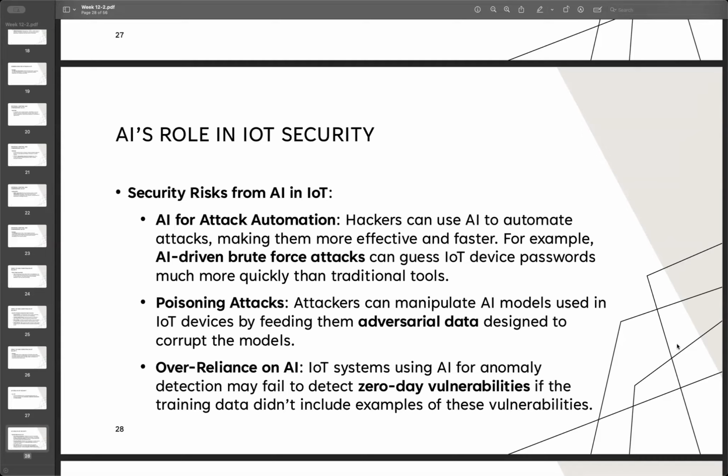We can use AI for anomaly detection, but it can fail to detect zero-days if the training data didn't include examples of these new patterns. So you see, we may apply AI to enhance the security level, but attackers can also apply AI to attack our IoT. It works both ways.